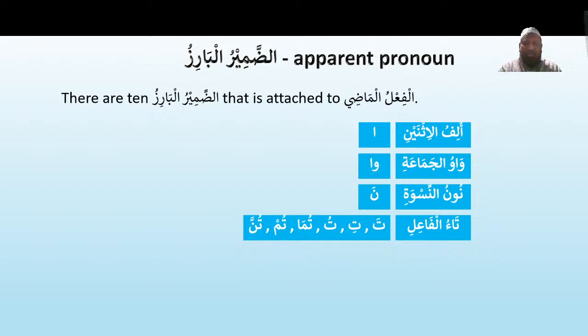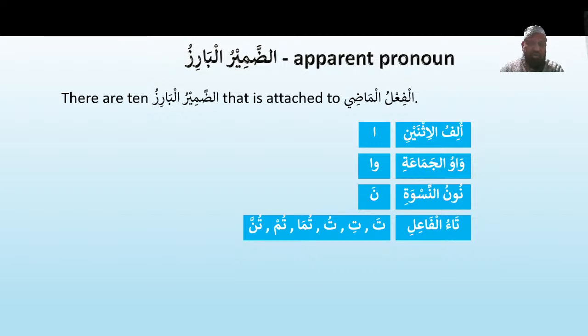So this group is called ta'ul fa'ili, because we can see all start with the ta. This ta itself with the fatha, ta with the kasra, ta with the dhamma. Tuma starts with the ta. Tum starts with the ta. Tunna starts with a ta.